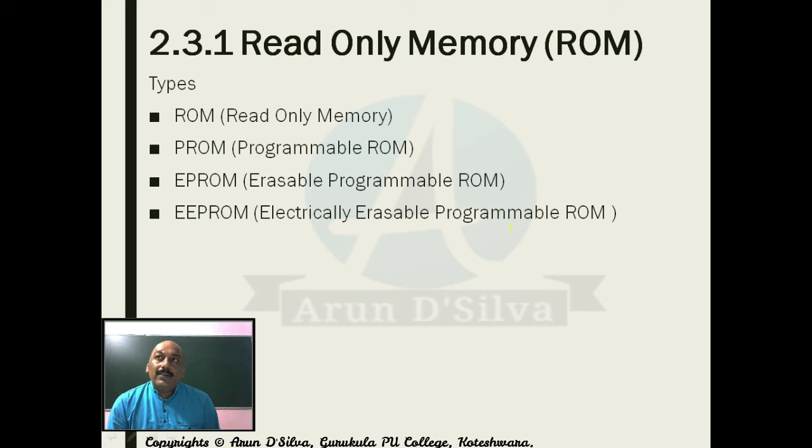You have heard sometimes, if your mobile is not working properly, they will flash it. So electrically, we are supplying a charge, erasing the contents of ROM, and then we are feeding whatever instructions are needed.